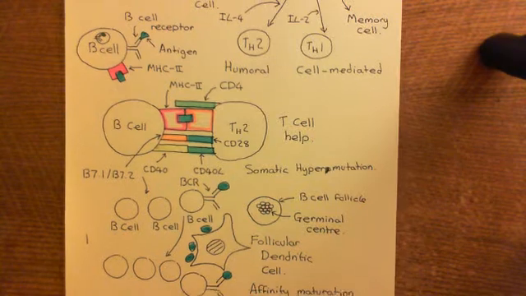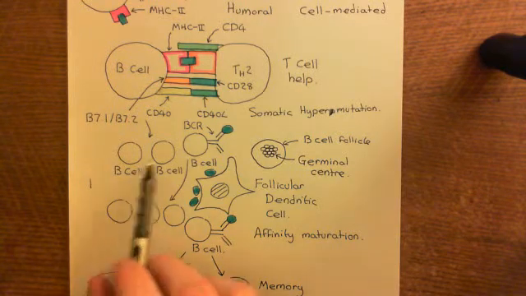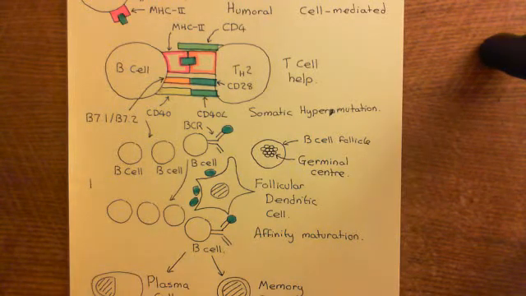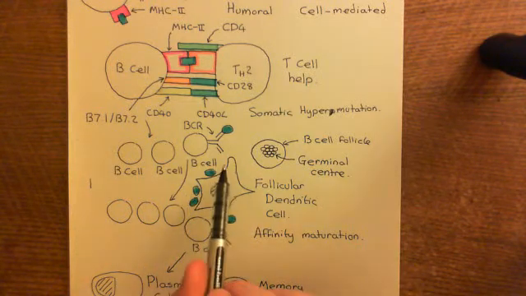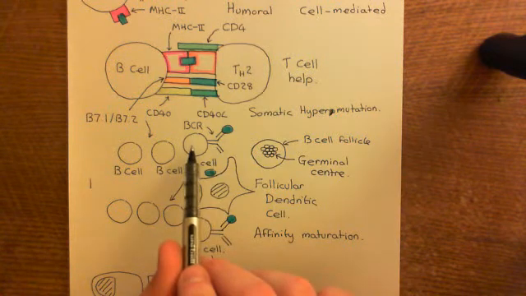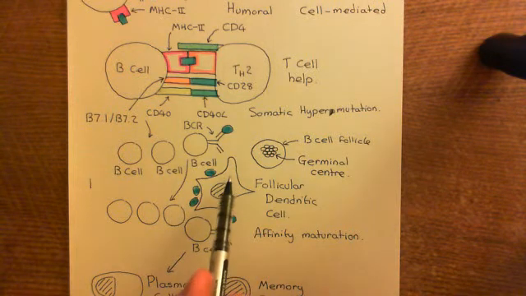Now, you have these cells known as follicular dendritic cells within B cell follicles, which capture antigen so that there's a good supply of this antigen for these B cells within the germinal centers. But there is a limited supply, and only B cells which manage to get their hands on this limited supply of antigen will be induced to survive.